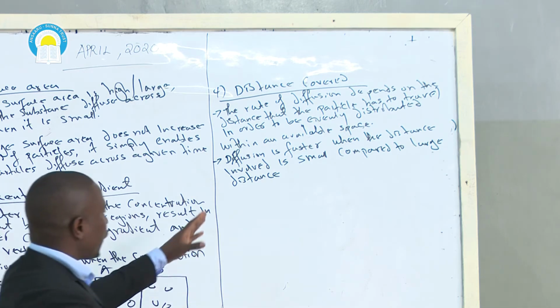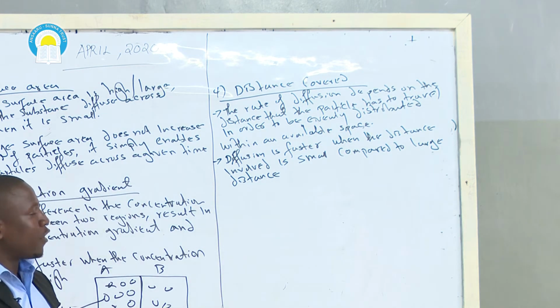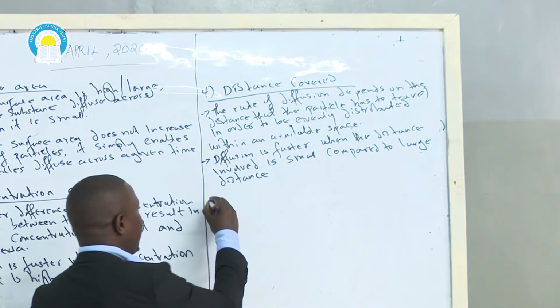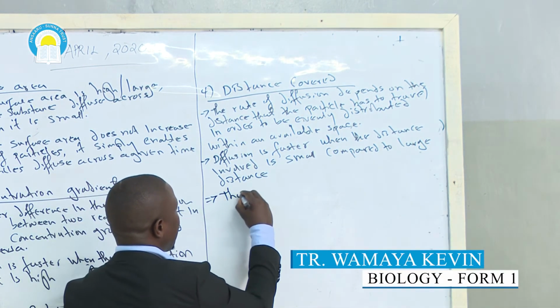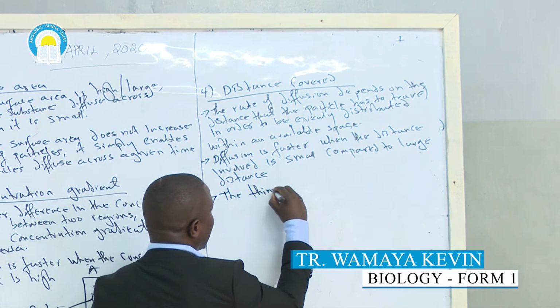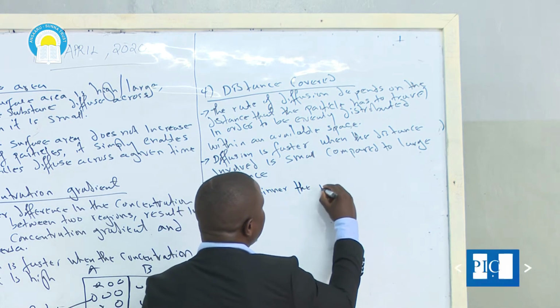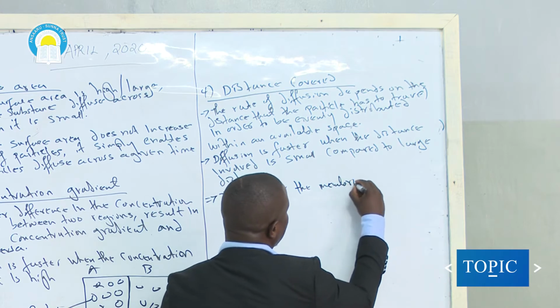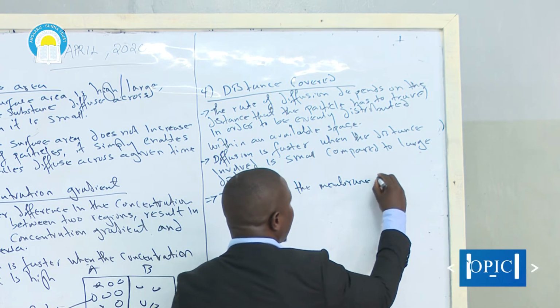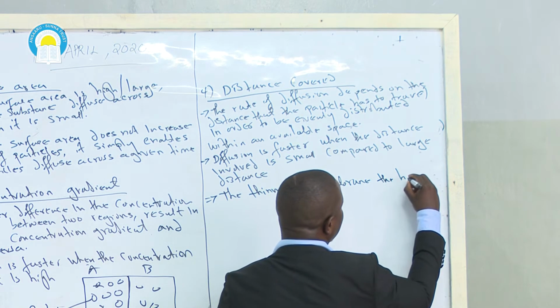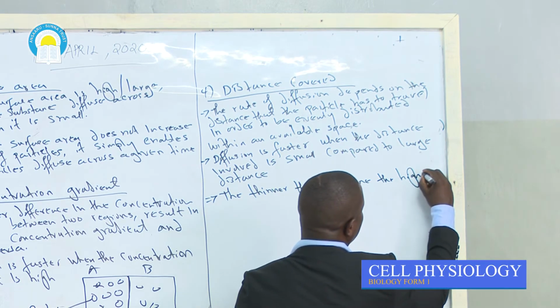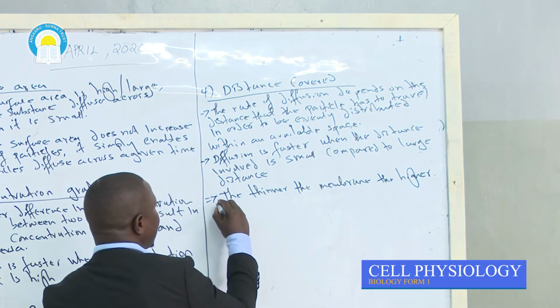We can add another explanation here. He said that the thinner the membrane, the higher the rate of diffusion.